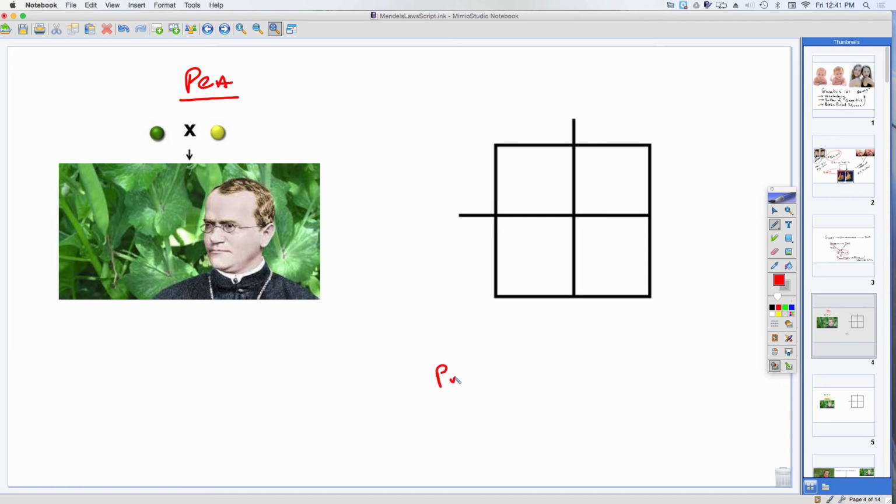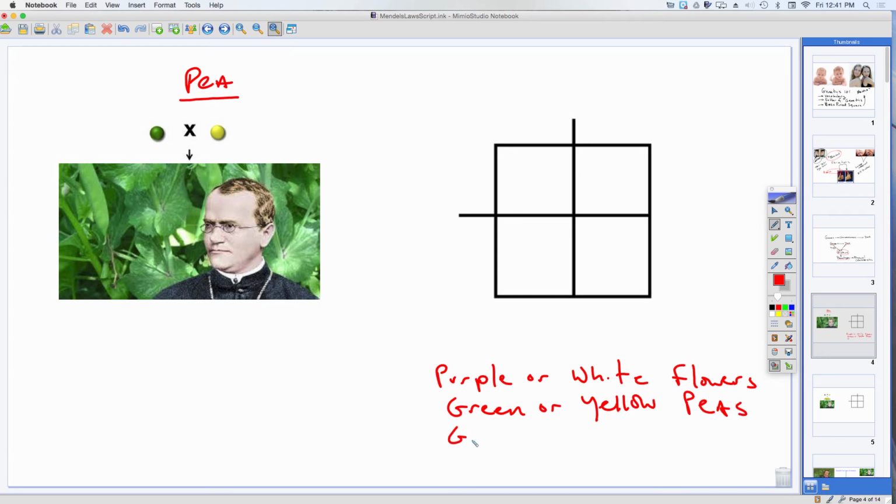He found that peas could have purple or white flowers. He found that the peas themselves could be green or yellow. He also found that the pods could be green or yellow.